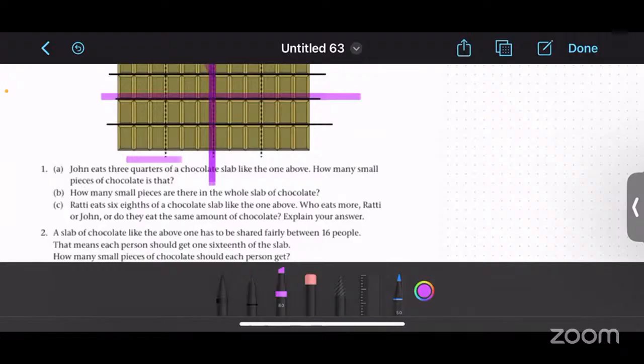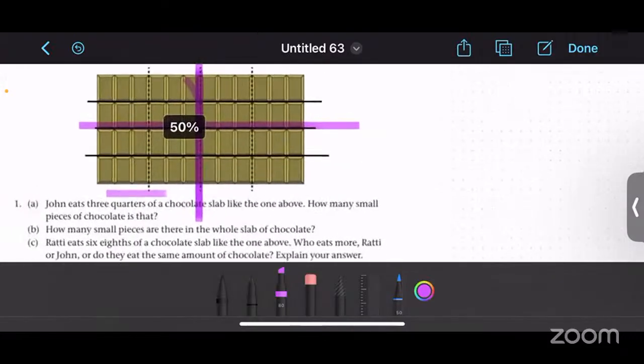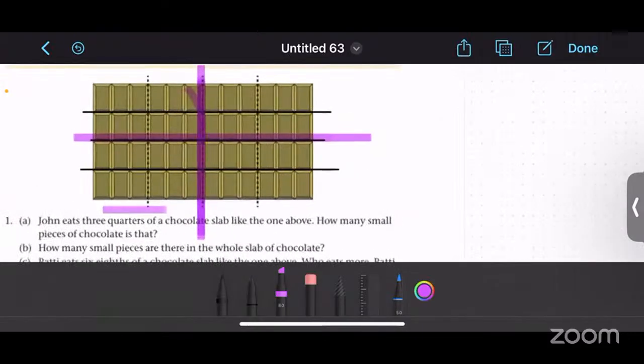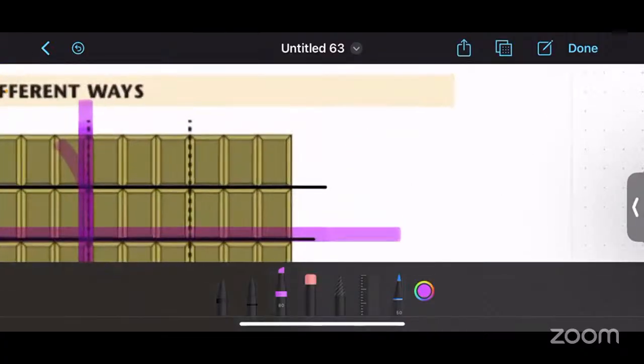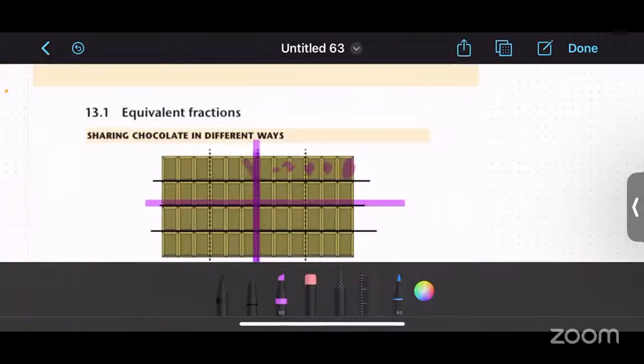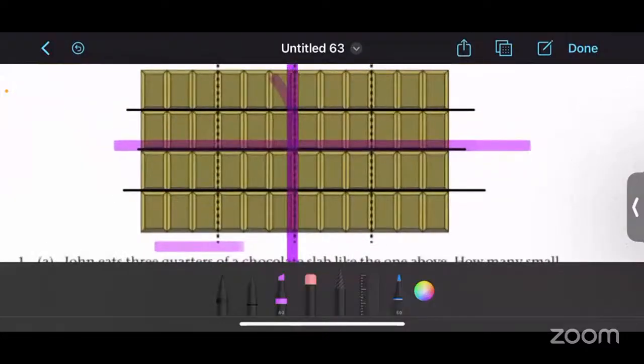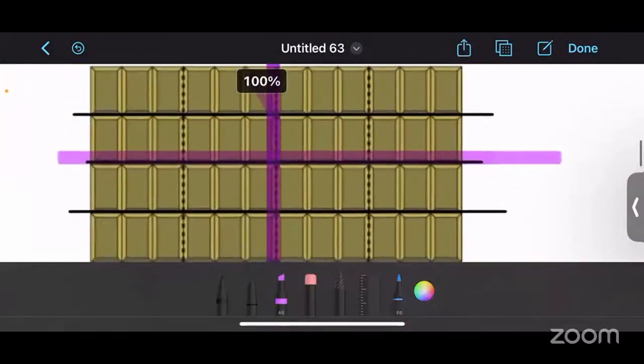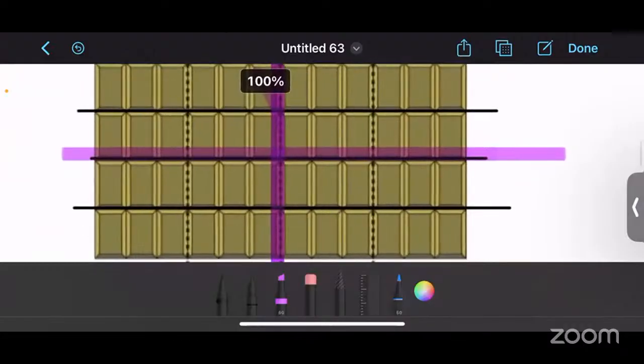When they say small pieces, they're talking about this one. One, two, three, four, five. Just like that. How many pieces would he have consumed?